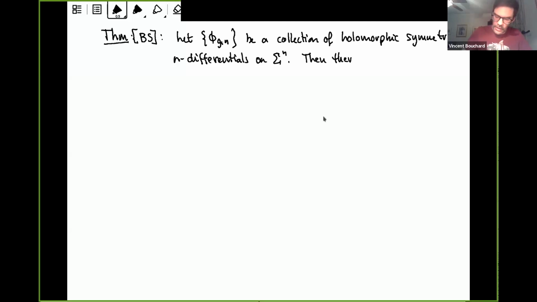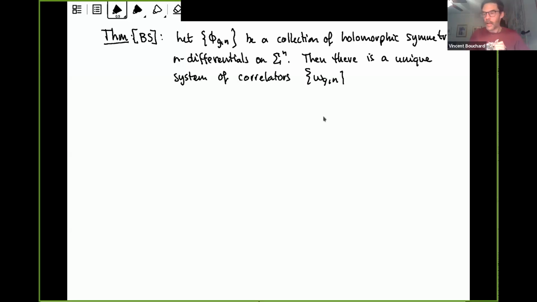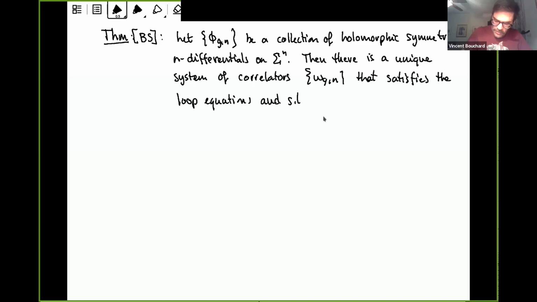Then there always exists a unique solution, or system of correlators, omega g,n on the spectral curve, of course, that satisfies the loop equations, so linear and quadratic equations, and such that the blobs of that system are equal to the phi g,n you just specified.